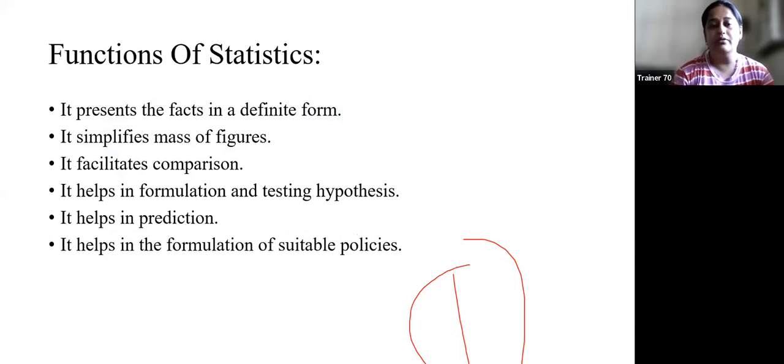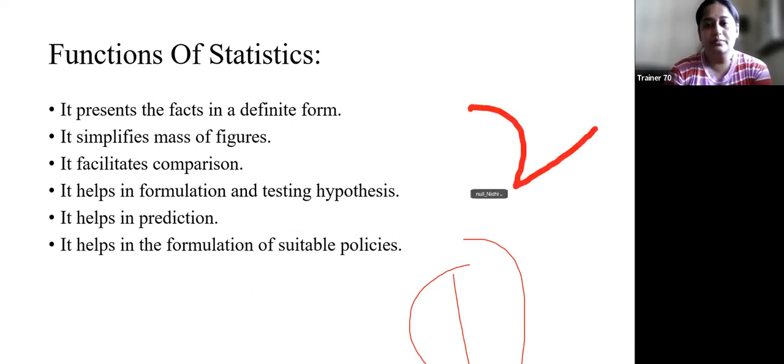Then there are various functions of statistics. The first one is: it presents the facts in a definite form.